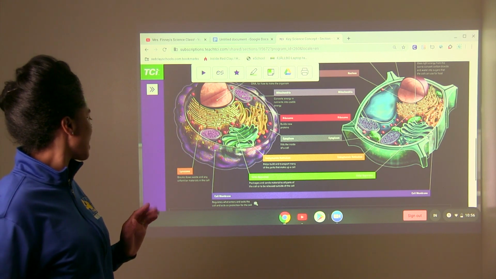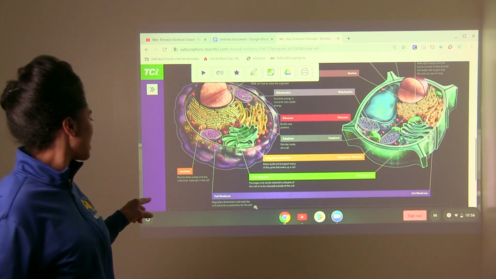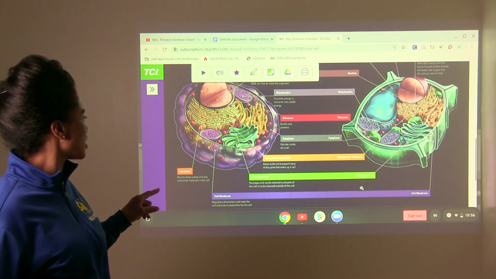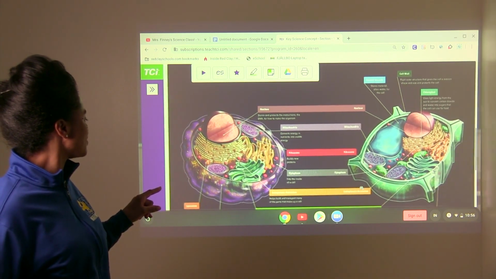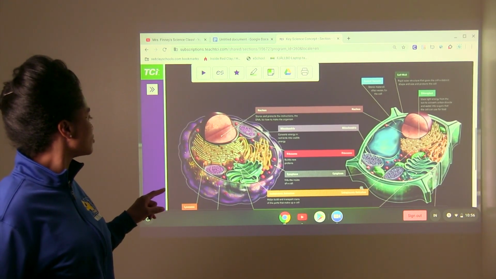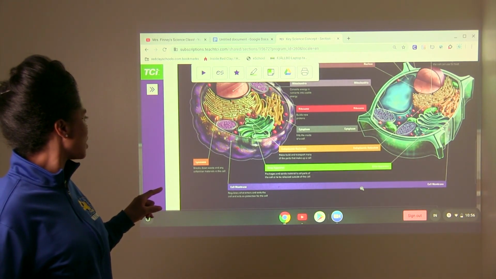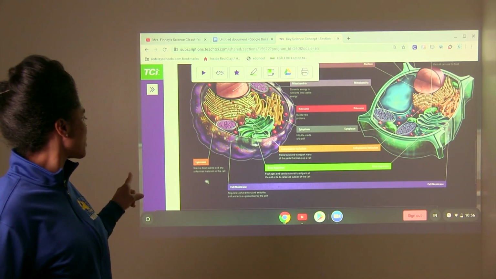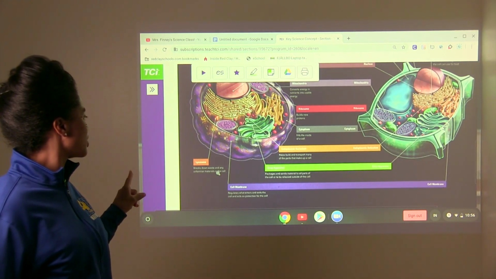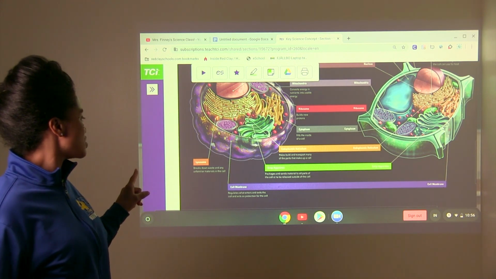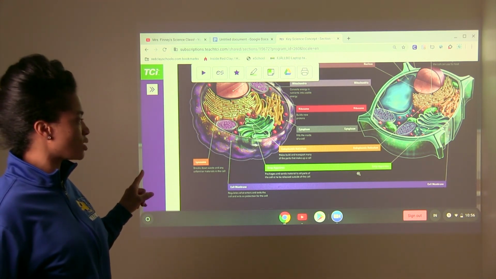It regulates what enters and exits the cell and acts as protection for the cell. And right here, check out this. Lysosome breaks down waste and any unfamiliar materials in the cell. You see they only pointed that one out in the animal cell.